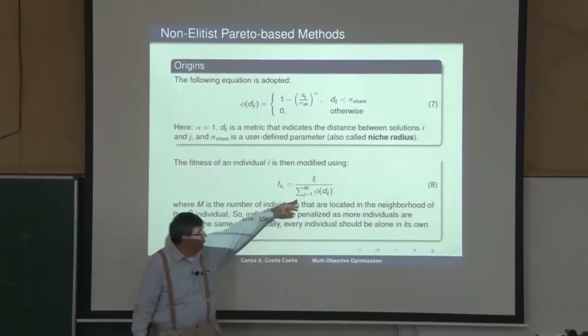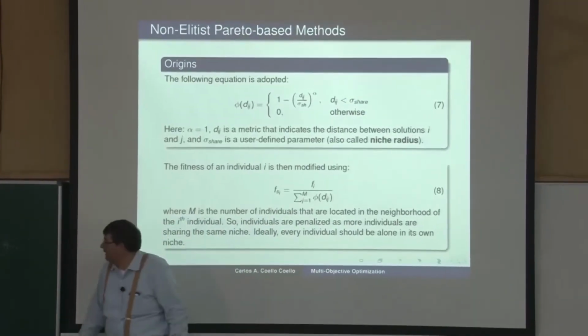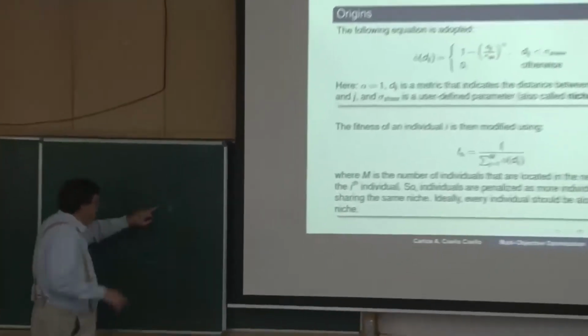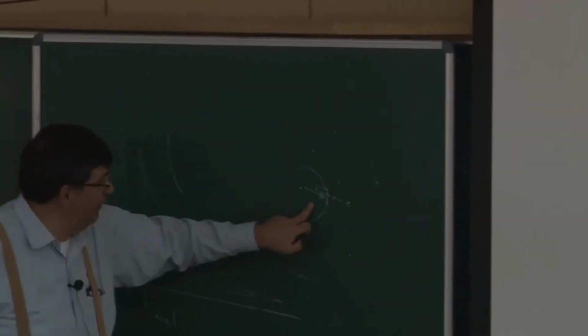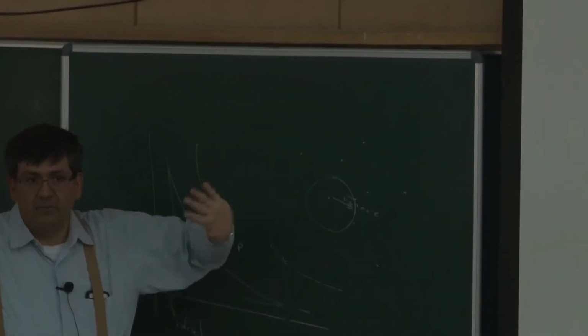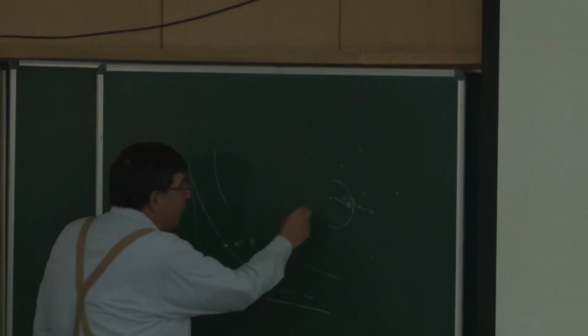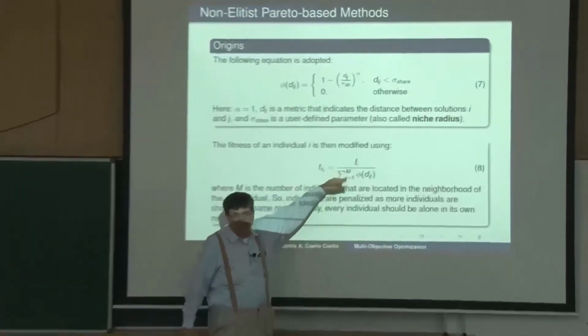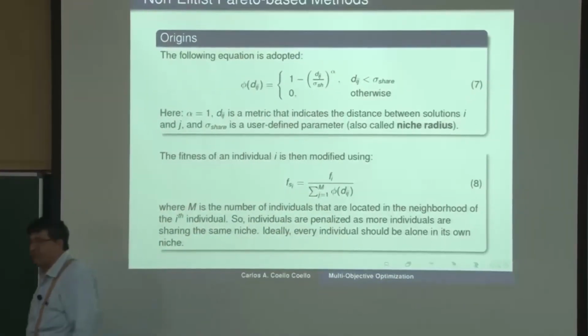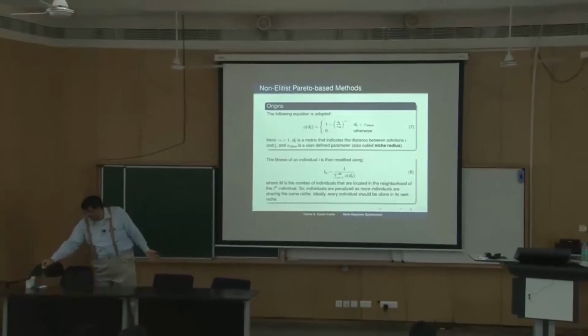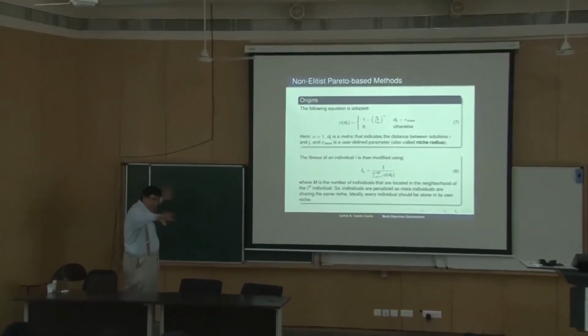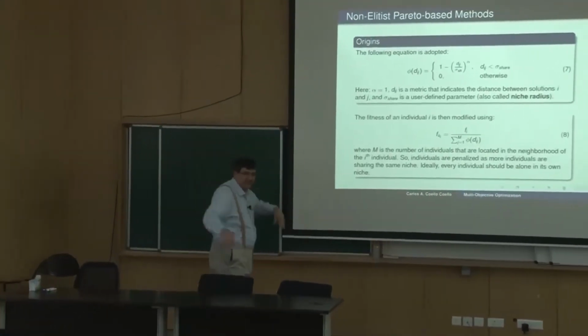So this can never be 0, because at least I will be in the circle. So the ideal is that this is 1, that I'm alone in the circle. If nobody else is in the circle, fitness remains the same. As I get more solutions inside the circle, fitness decreases proportionally to the number of solutions. So it's a very interesting algorithm because it's very simple and it will spread solutions. It works like magic. It spreads solutions.